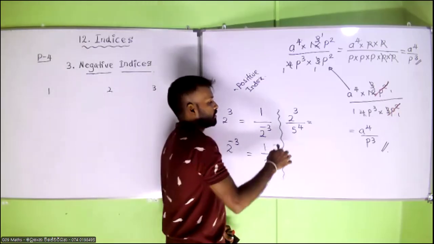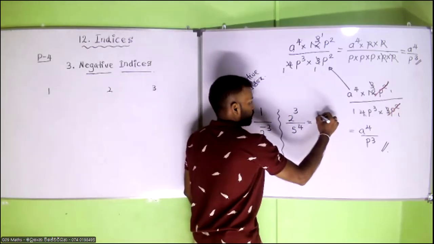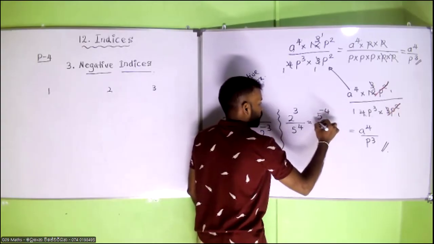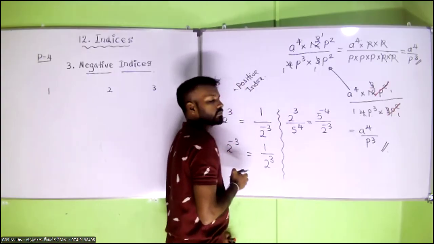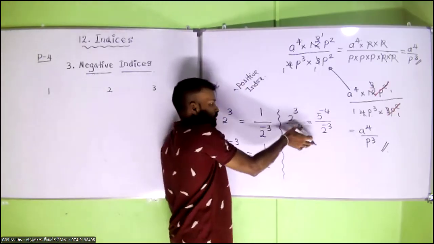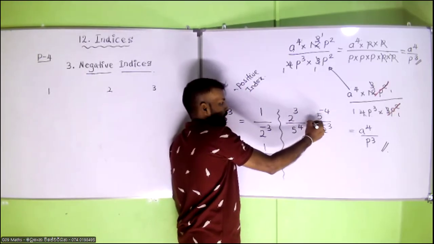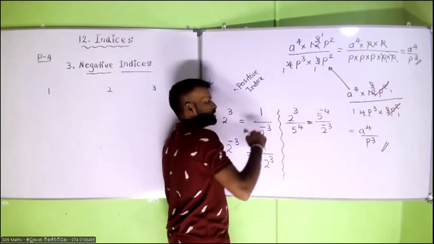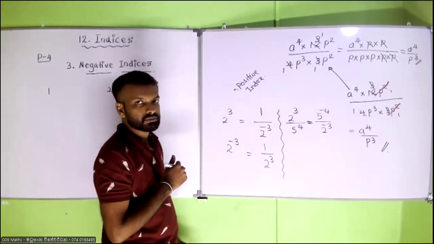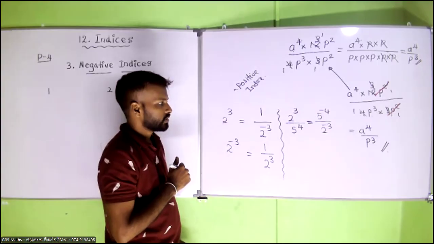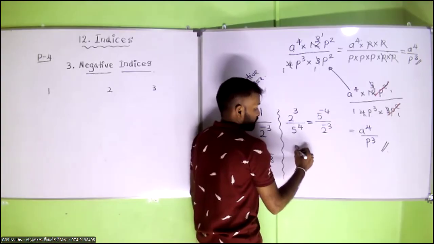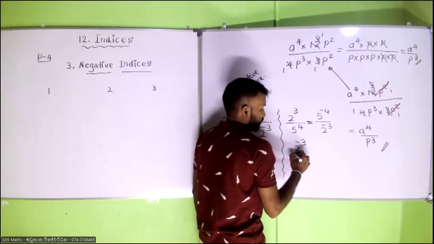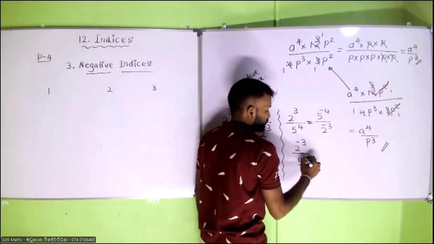Reciprocal. 5 to the power 4, negative 4, 2 to the power 3, negative 3. Get the reciprocal, it changes the signs. But this is equal. Then you have 2 to the power minus 3, 5 to the power minus 4.